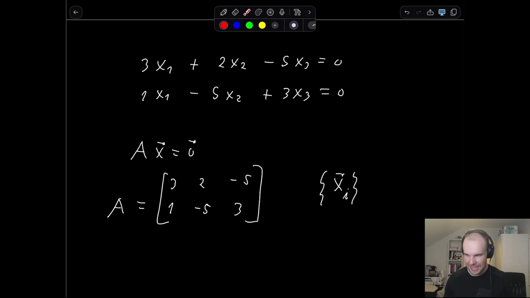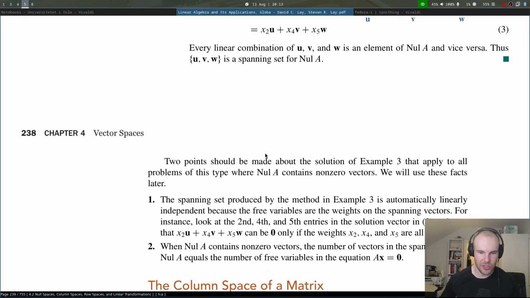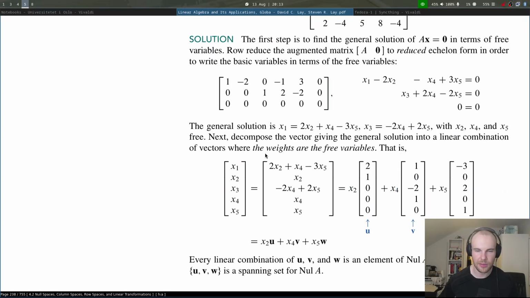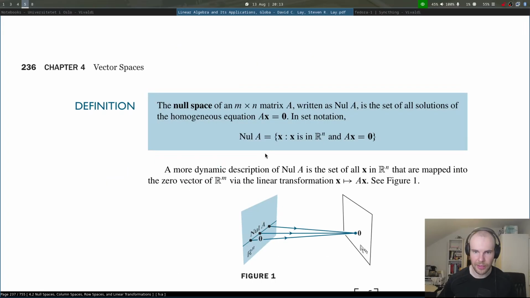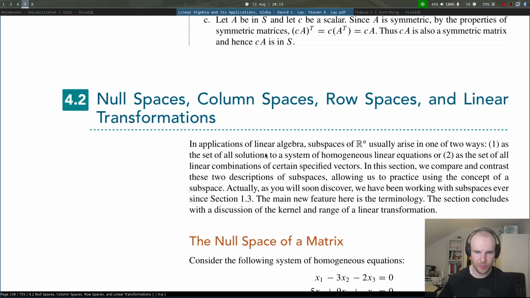Let's see, I need that example. I should have just looked at it, but it's all right. Oh, I have this neat way of doing this. There we go.